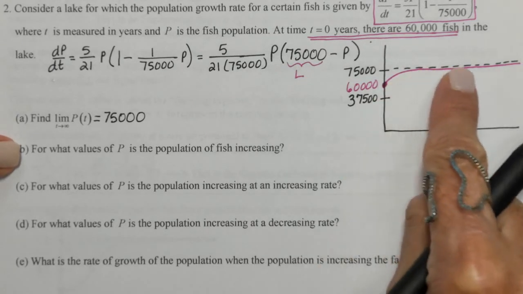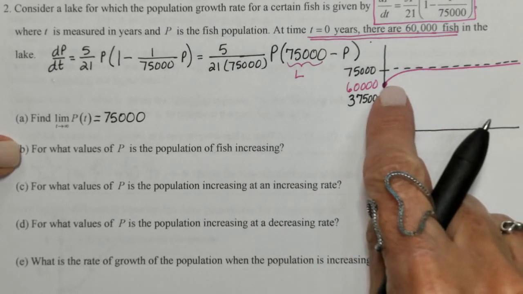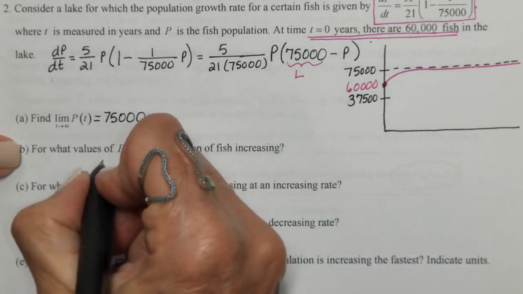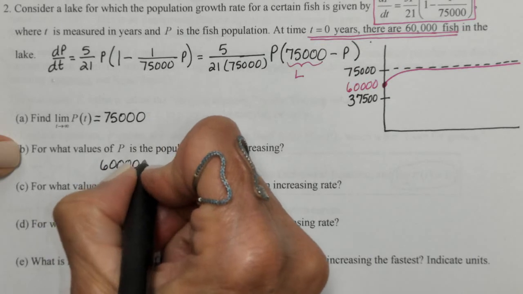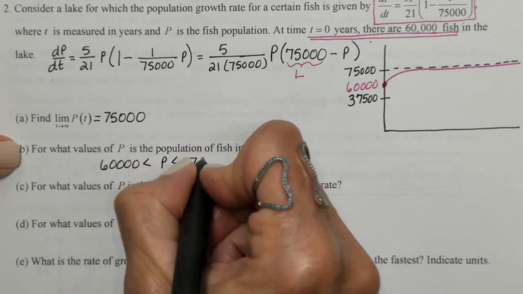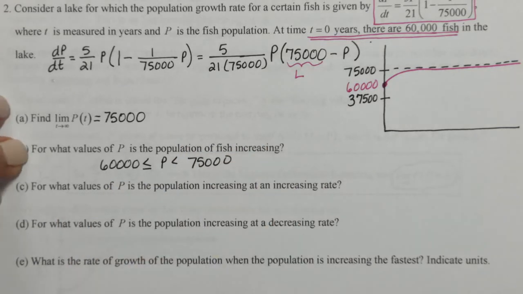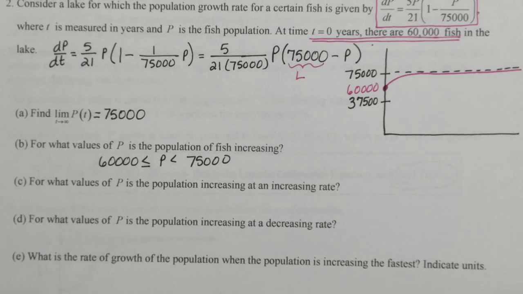Well, it's increasing from P is 60,000 to P is 75,000. Again, technically we include that 60,000. If you don't include it in a FRQ, you would still get full credit.